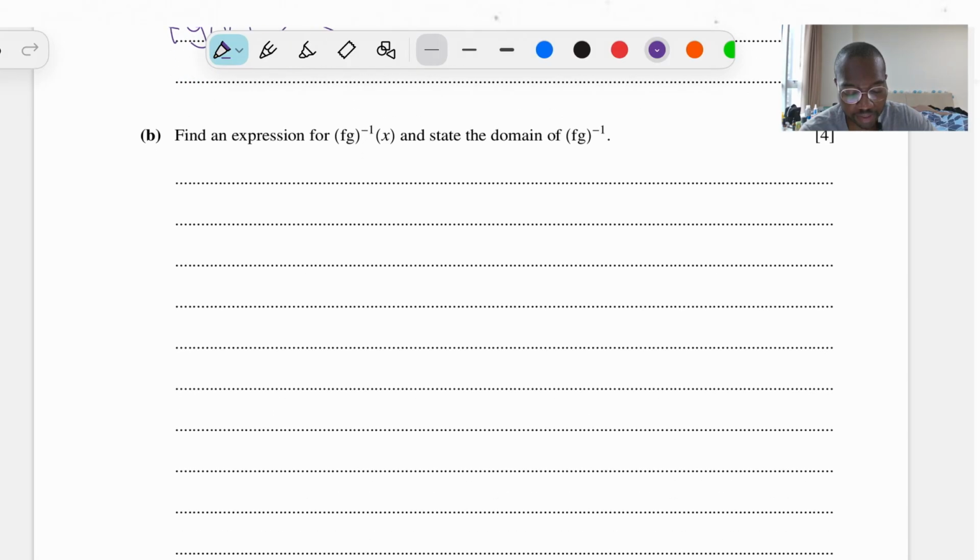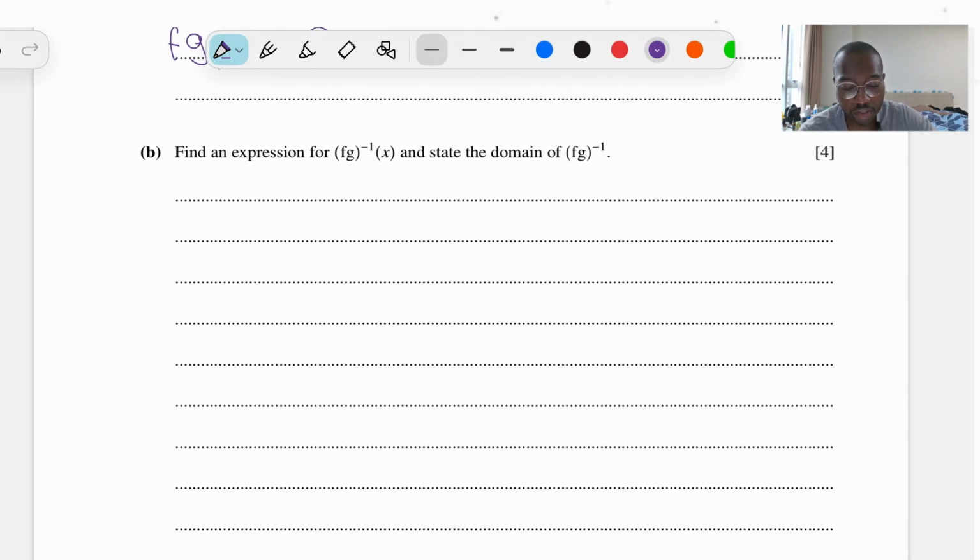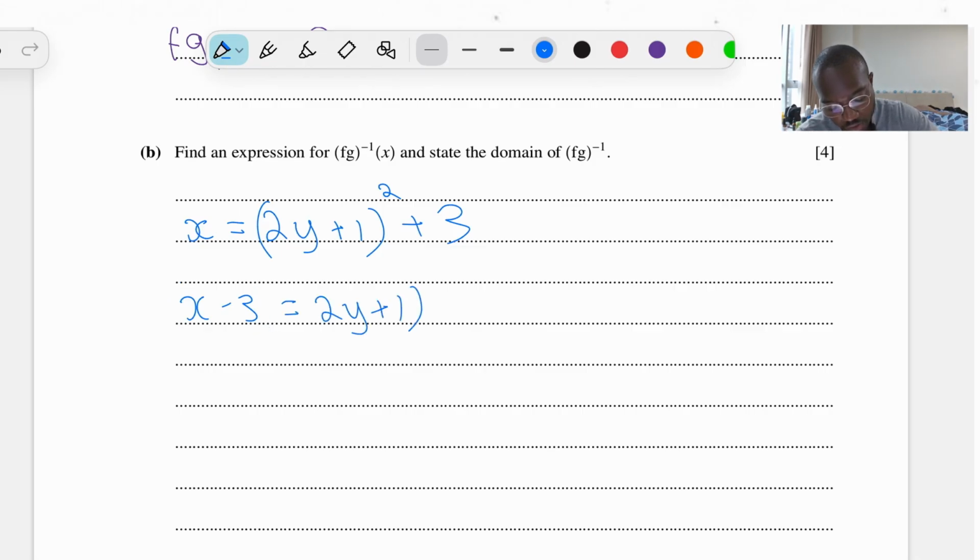Now for part B, we need to work out the inverse of f(g(x)), okay? So let's work out the inverse of f(g(x)). How do we do that? Well, the way I do it is I would write x here, and I would write (2y + 1)² + 3, and then I would solve this and make y the subject of the formula. So if we do that, we get x minus 3, yeah, leave it as that for now, and that's (2y + 1)².